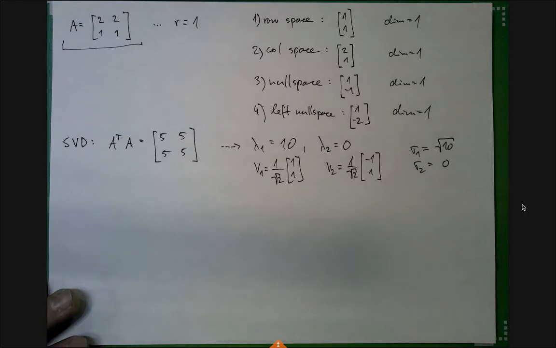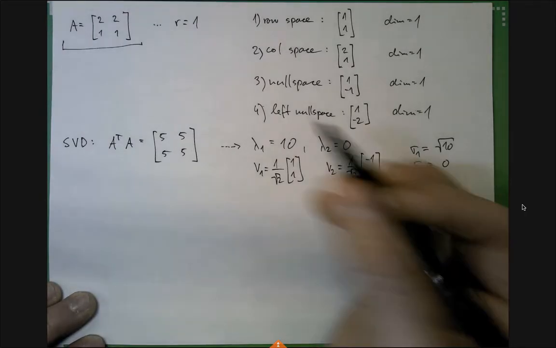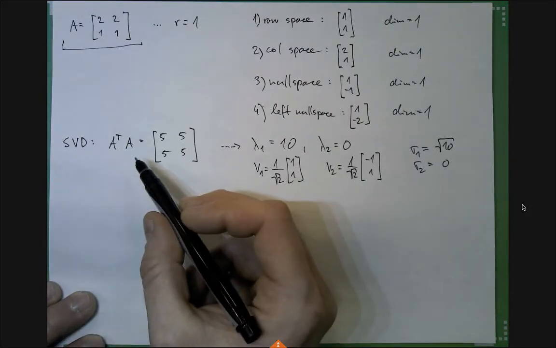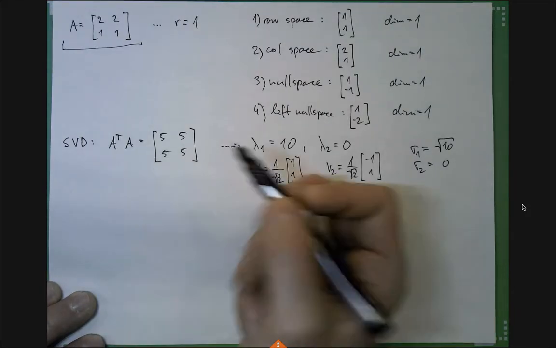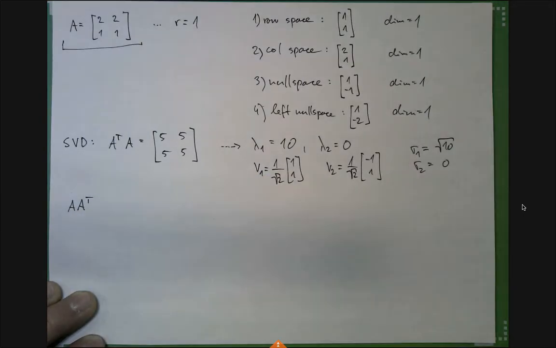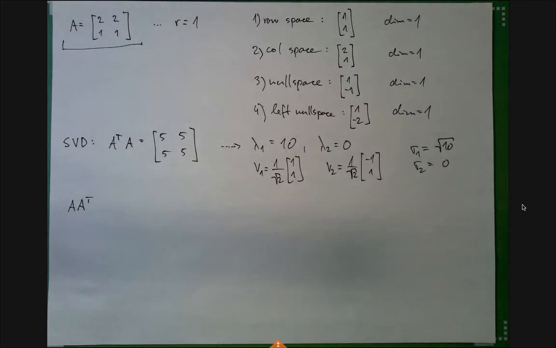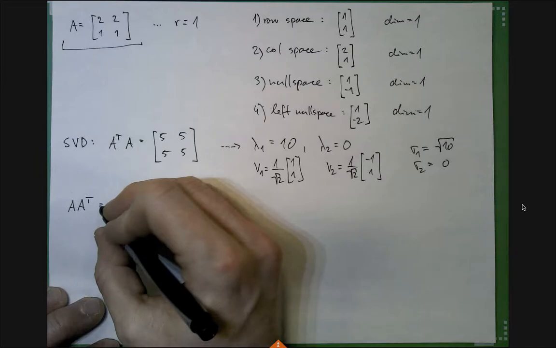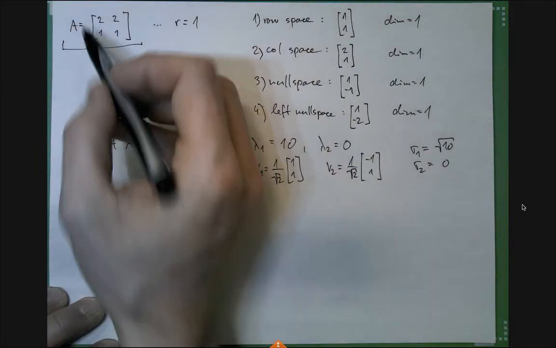Again, to make it a little more interesting, let's now compute the left singular vectors by taking the eigendecomposition of A A^T. Actually, in this case we sort of have to, because we need to be a little bit more careful than in the previous one. In the previous case, we had trivial null space. Here we have non-trivial null space. So how much is A A^T?